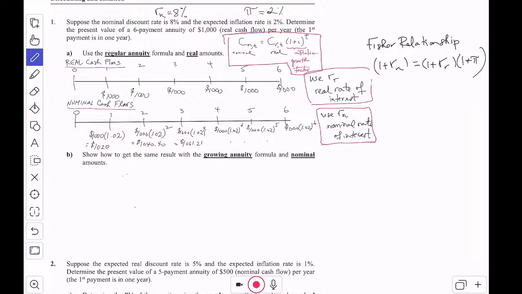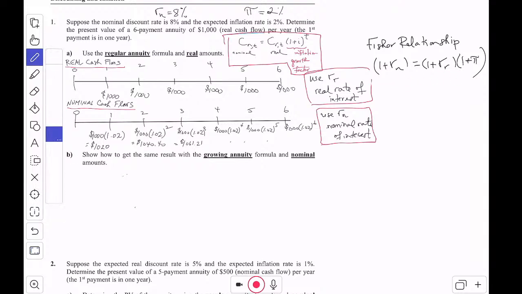The real rate is the real price or opportunity cost of borrowing or of lending. You can think of it that way. We haven't talked about it till today, but this is how you get one from the other.